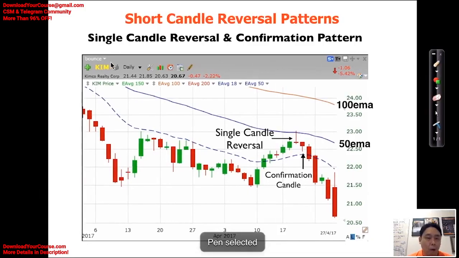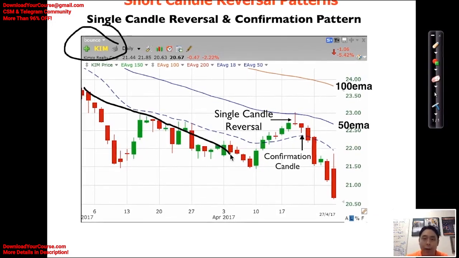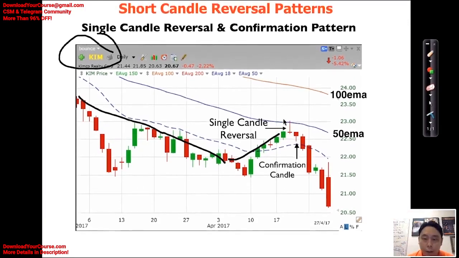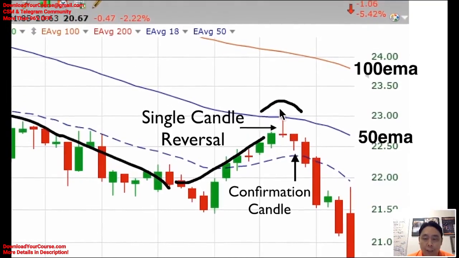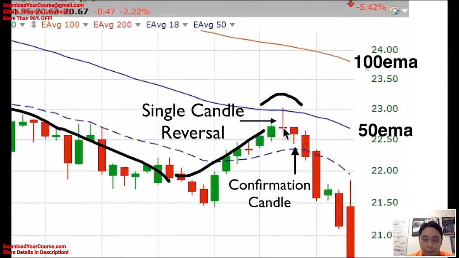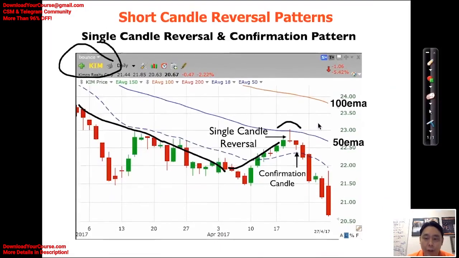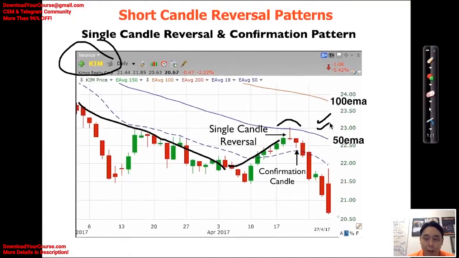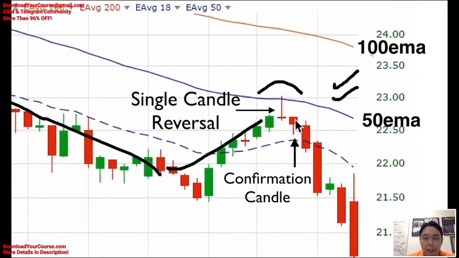So here's an example on the stock Kim. The price is going down, right? It's riding the downtrend, and it retraces, rallying to the 50 moving average. Can you see it hits the 50 moving average with a single candle reversal? Is the body below the moving average? Yes, check. Is the upper shadow cutting the moving average? Check. There we go, single candle reversal. Next, is it a confirmation candle?